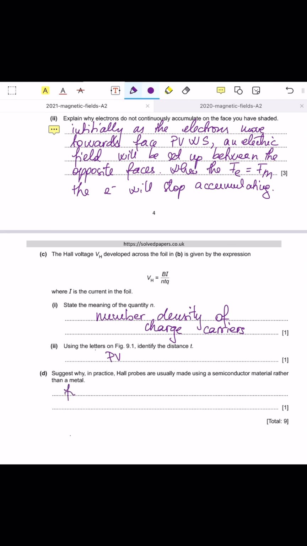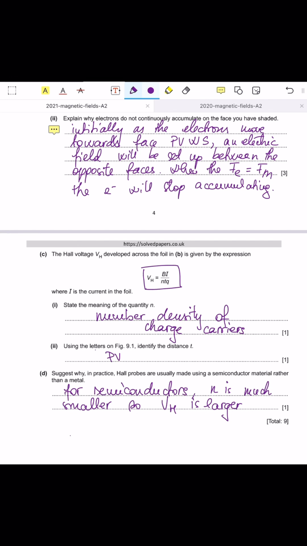So for semiconductors, n is much smaller, so VH is larger.